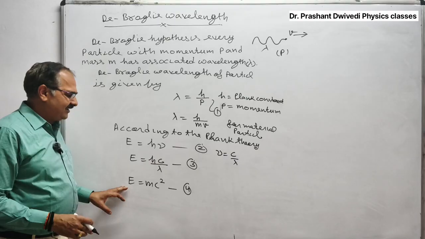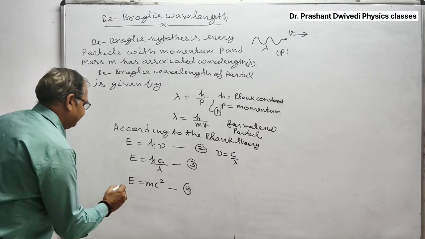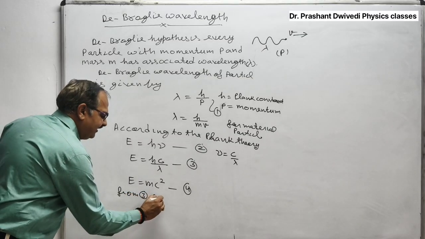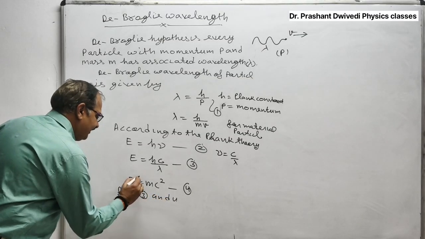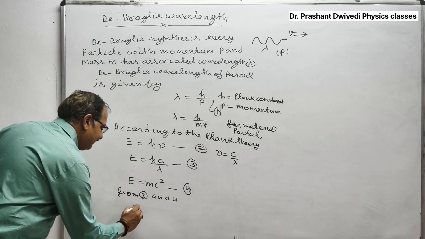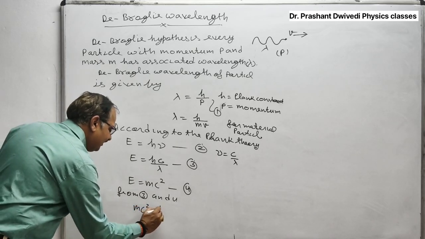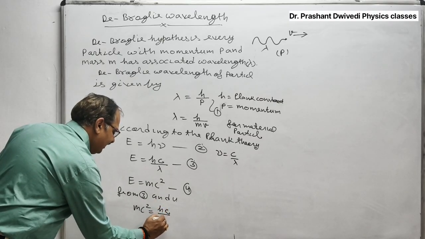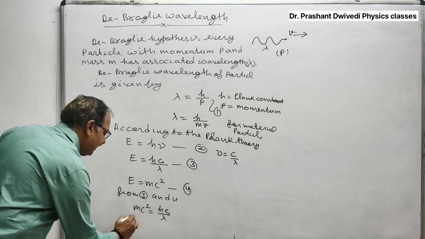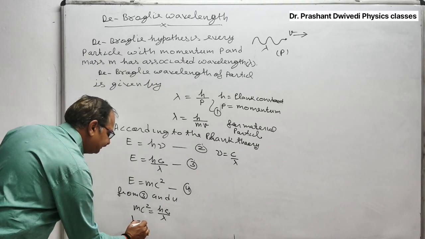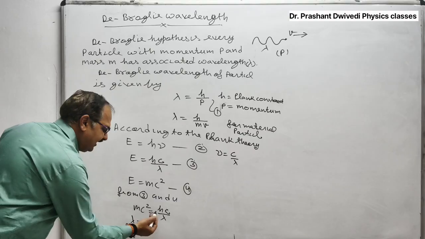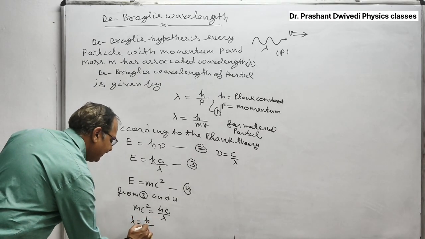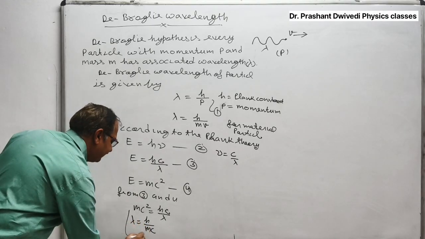Equating equations 3 and 4: mc square is equal to hc upon lambda. Then lambda is equal to, one c cancels with the other c, lambda is equal to h upon mc.